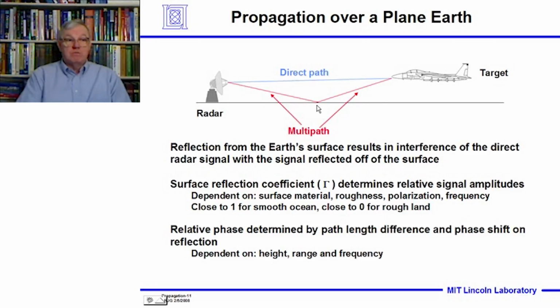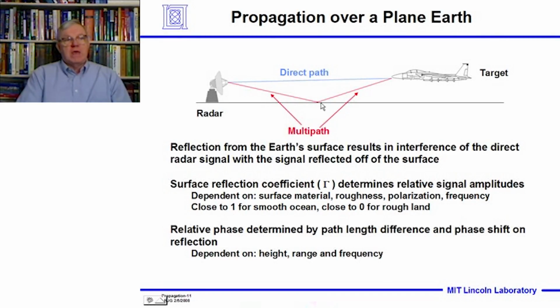Now, if you have a smooth ocean, there's going to be a change in phase at the reflection. So there'll be a 180-degree shift of the beam as it reflects off the ocean. And so this capital gamma, the reflection coefficient, would be -1 at that point on a very smooth surface like the ocean.